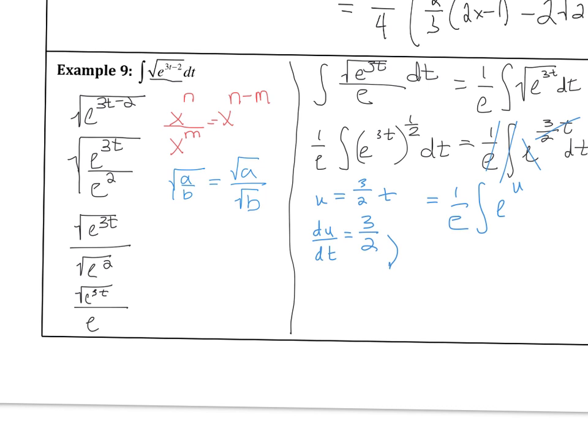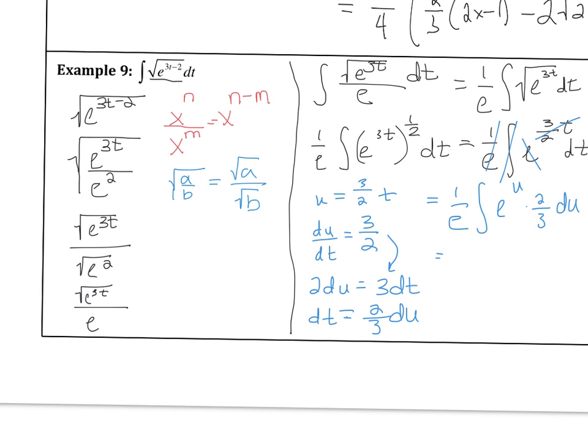Again, we can get that using algebra here. If we cross multiply, 2 du equals 3 dt, therefore dt must be exactly equal to 2/3 du. So let's write that in, 2/3 du.